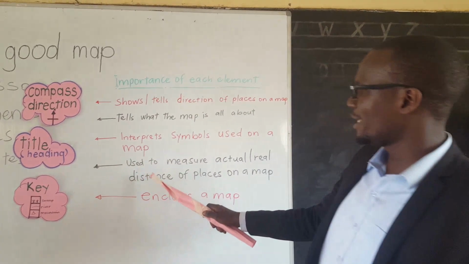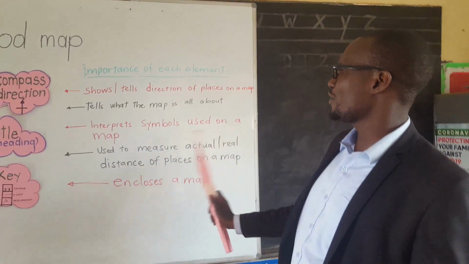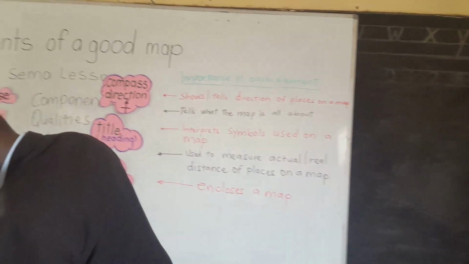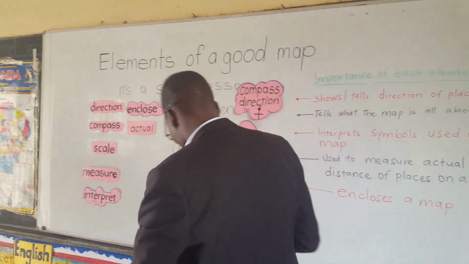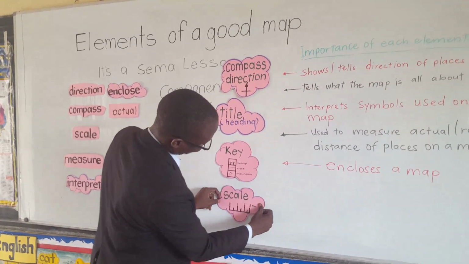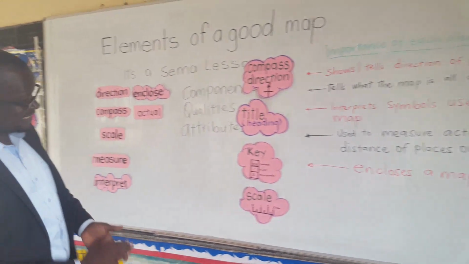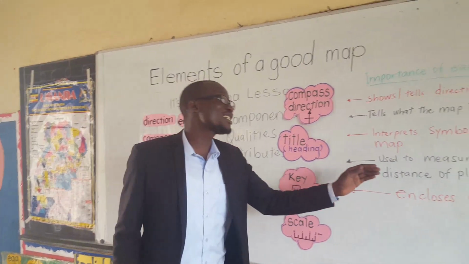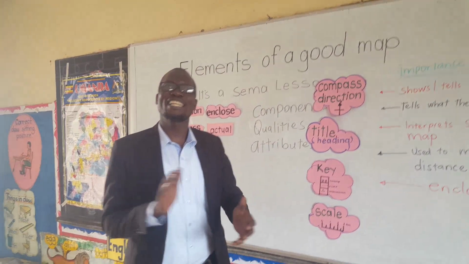There is also an element used to measure actual or real distance of places on a map. That one is called the scale. The scale, I told you that it looks like a ruler. It is used to measure actual distance of places.